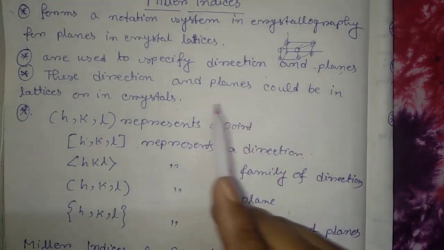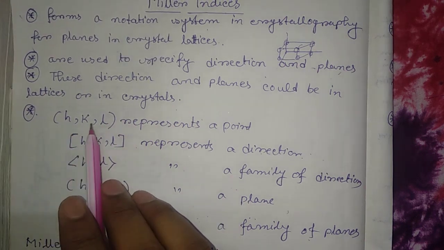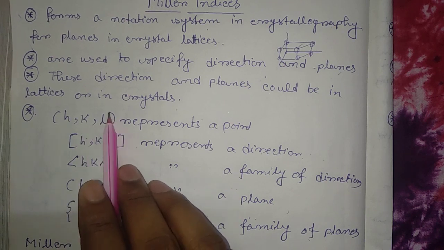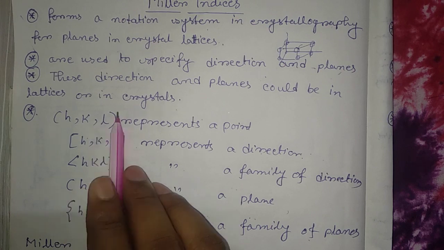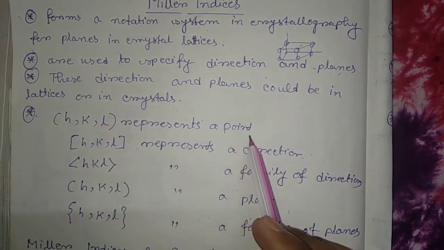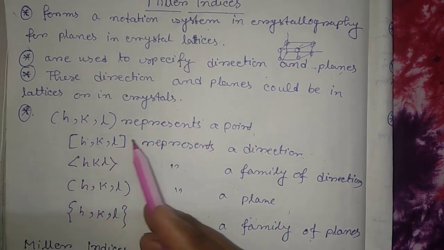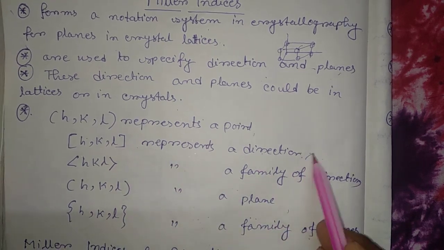Now Miller indices can be identified with the terms h, k and l. Within round brackets, (h k l) represents a particular plane. Similarly, within square brackets, [h k l] represents a particular direction.